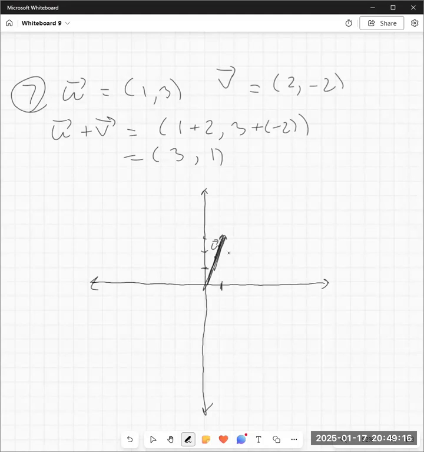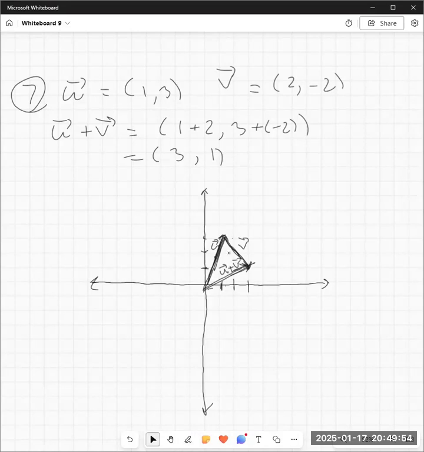And then from that endpoint there, I want to go 2 to the right, 1, 2 to the right, and 2 down is going to take me to there. So that's vector v. The vectors don't have to start at the origin. They can start anywhere in space and they're the same vector. So I put them head to tail here. And then the resultant here, u plus v, is going to go 1, 2, 3 to the right and 1 up. So that's u plus v.